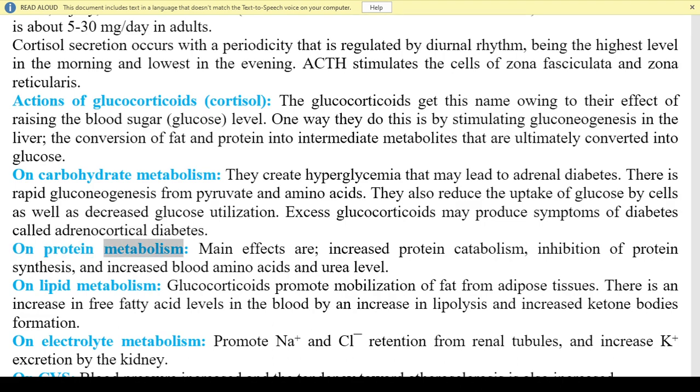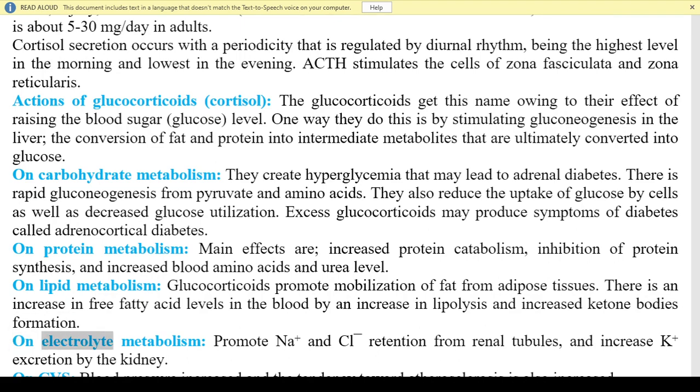On protein metabolism, main effects are increased protein catabolism, inhibition of protein synthesis, and increased blood amino acids and urea level. On lipid metabolism, glucocorticoids promote mobilization of fat from adipose tissues. There is an increase in free fatty acid levels in the blood by an increase in lipolysis and increased ketone bodies formation.